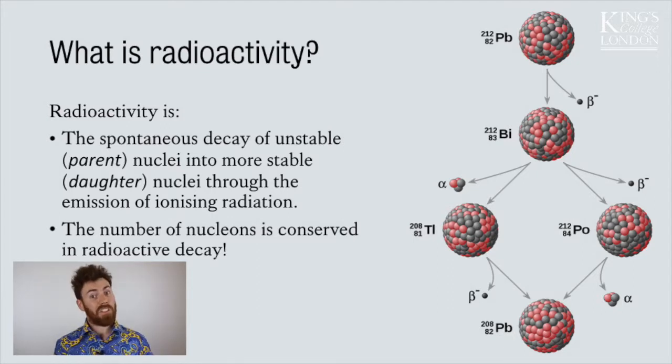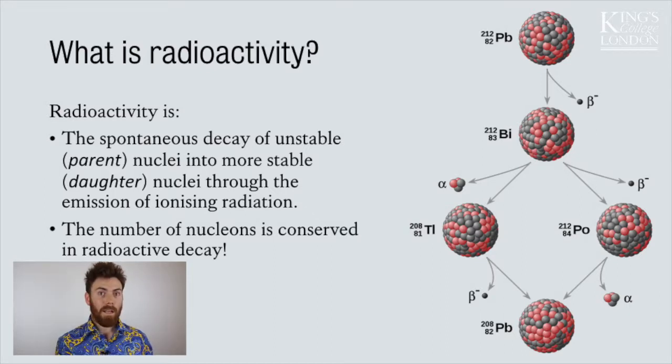Now this is a very unstable configuration, and what lead wants to do is achieve something that's more stable, so it decays to bismuth-212, which contains 212 nucleons in the atomic nucleus, 83 of which are protons. So this is different from lead, which has only 82 protons.